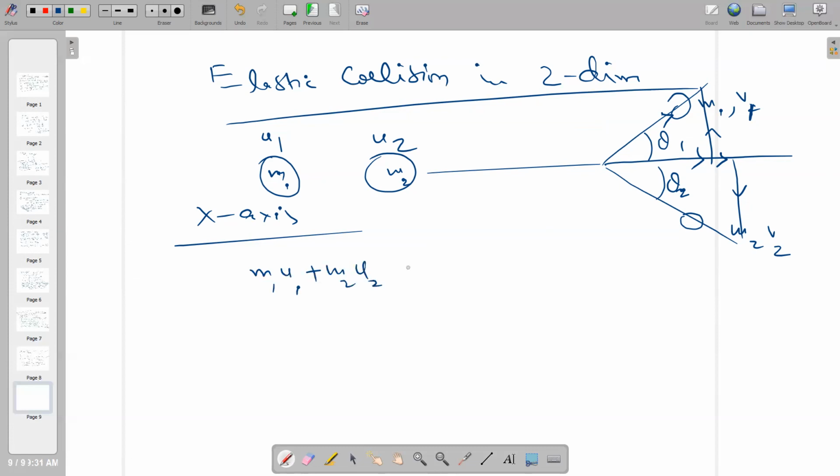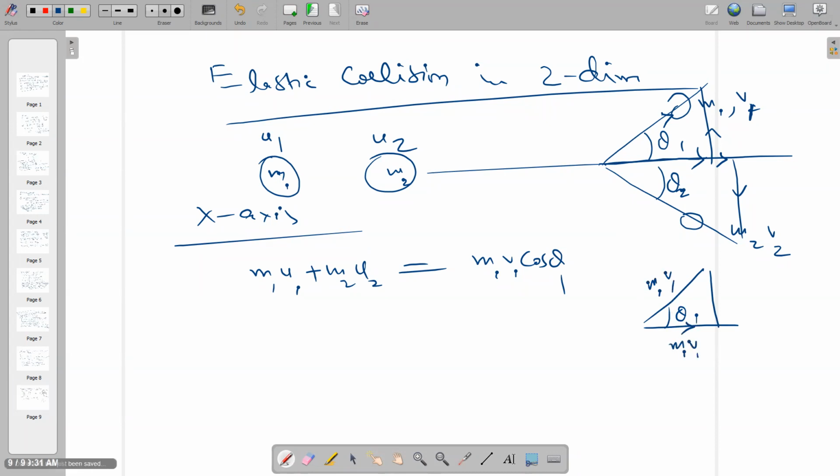This is before collision. And after collision, this one is m1 v1 cos of θ1, because this component is cos of θ1. m1 v1 cos of θ1 in this triangle. This is θ1, this is m1 v1, and this will be m1 v1 cos of θ1.